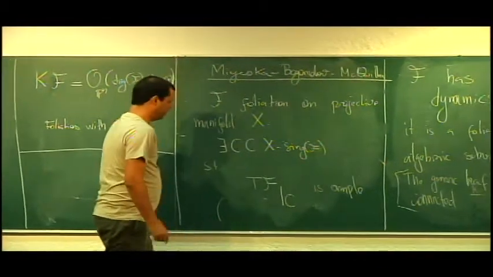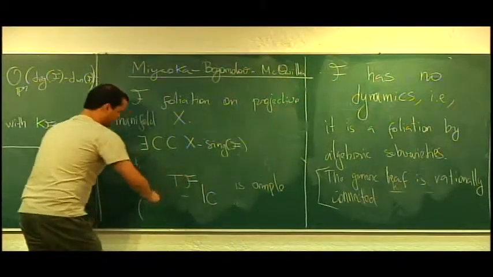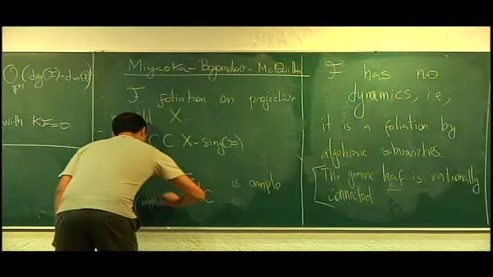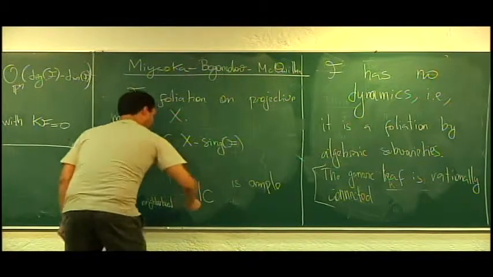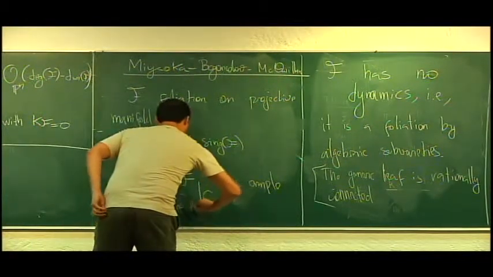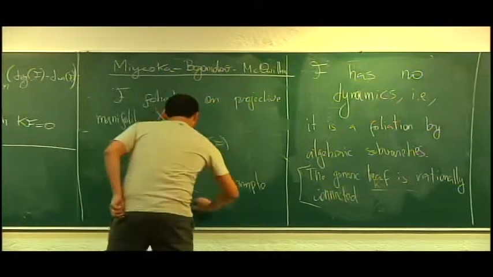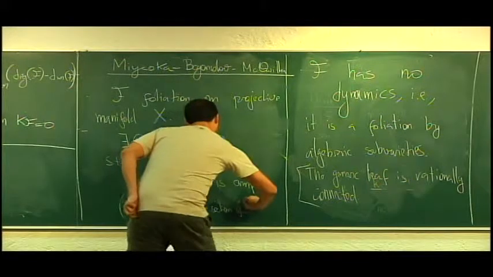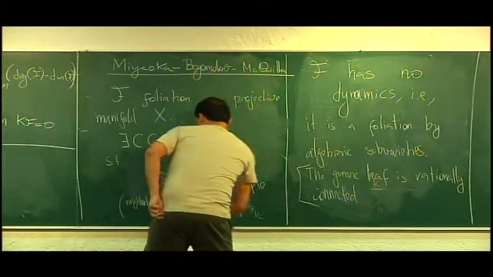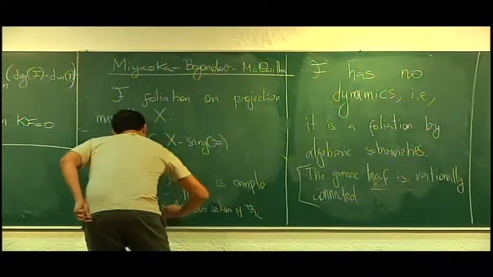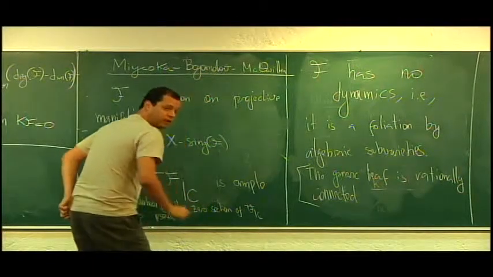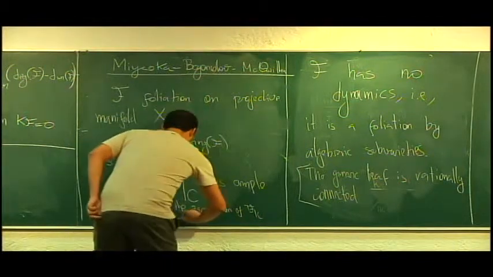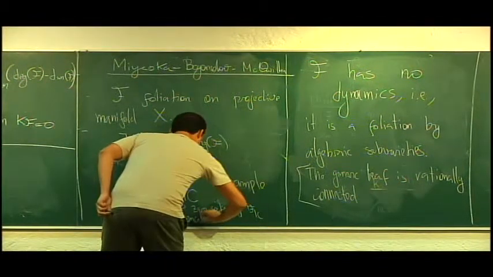It means that if I look at this bundle over C, then a neighborhood of the zero section is pseudo-concave? Pseudo-concave, Marco? Right?